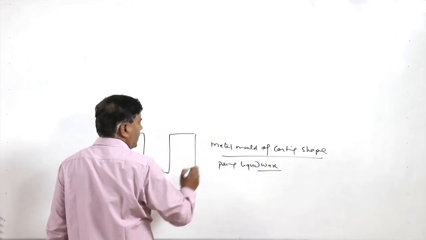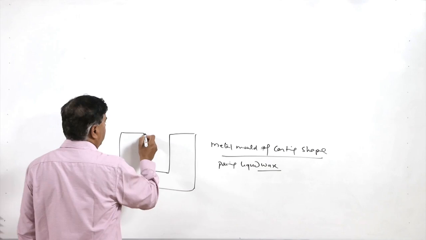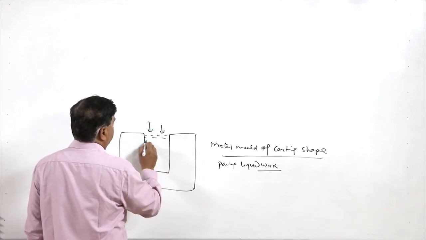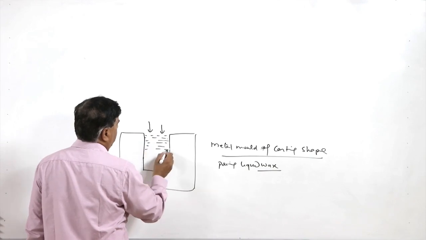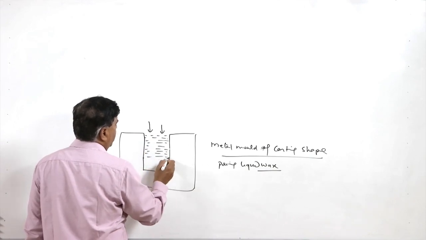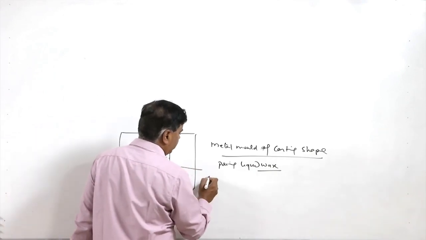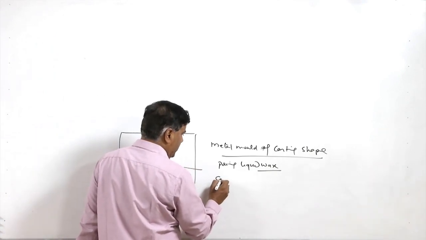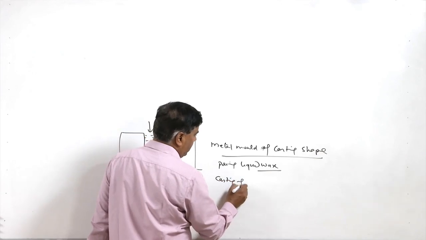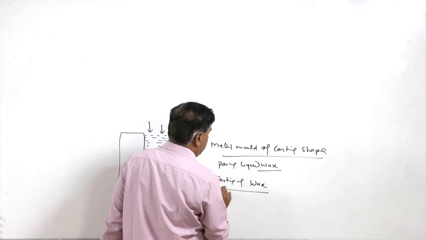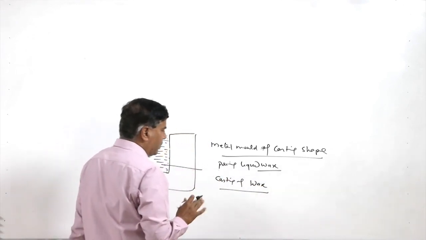The liquid wax is poured into the metal mold so that it takes the shape of the mold. On solidification of the wax, we get basically a casting of the wax, meaning the cast product is wax.